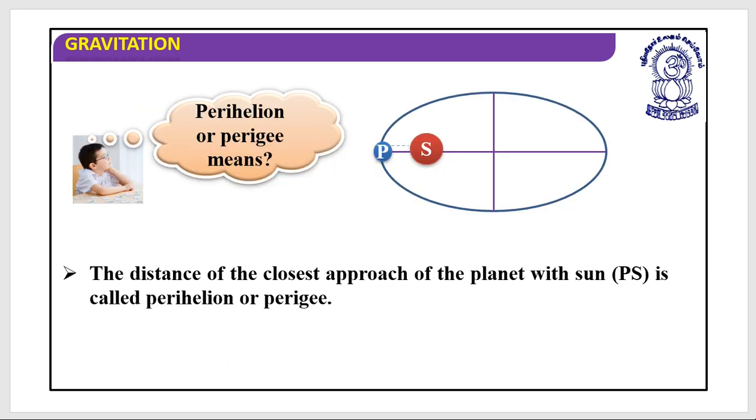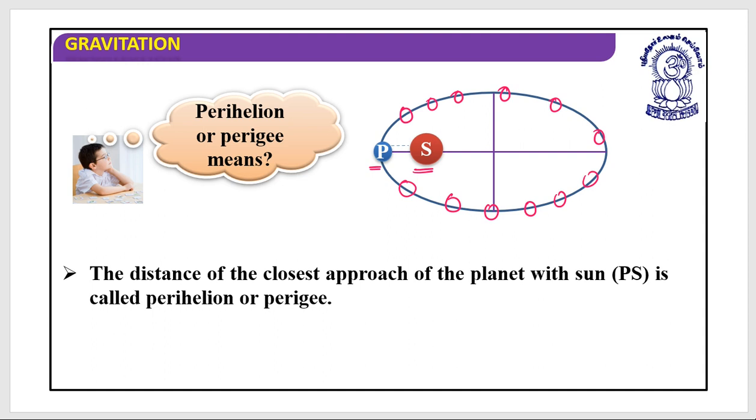Great. Now let's discuss certain points. Look at this. This is the sun, and this is the point which is nearest on this elliptical journey. Every planet is moving in this path. Every planet has its own orbit, but it would be elliptical for sure.